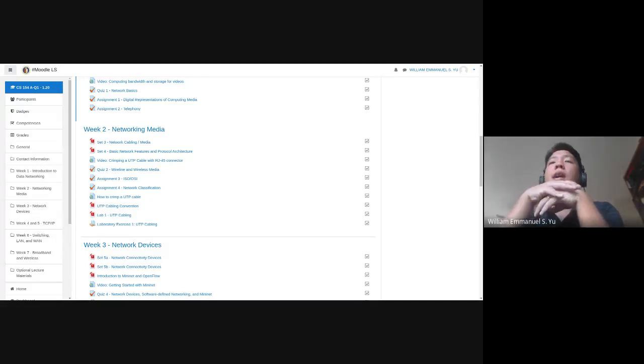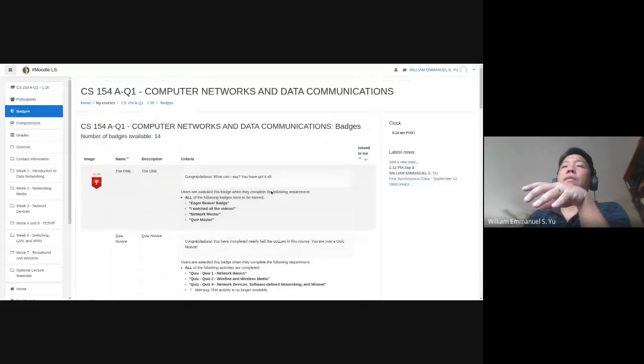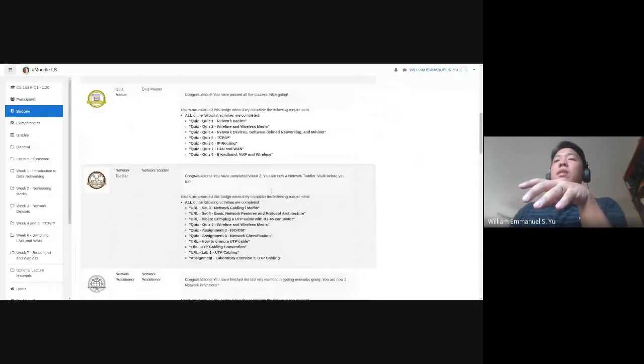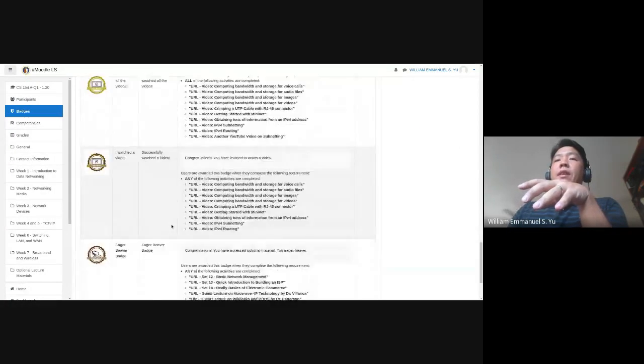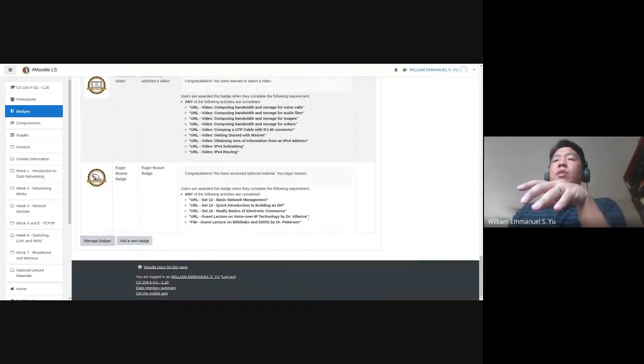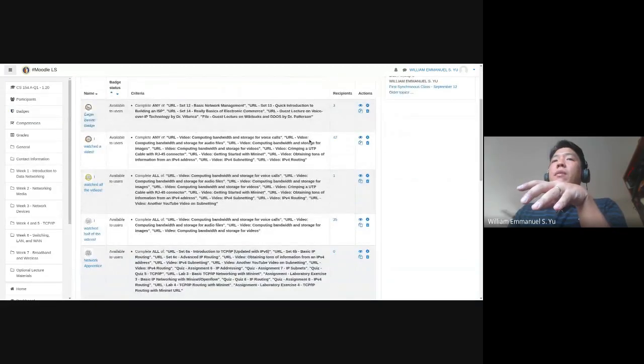Another announcement I'd like to make is that you probably realize this class has badges. Some of you have already earned your first few badges. These are the badges for the entire class, and let me show you a better looking summary. You watch a video, you do certain things early, and you get badges for that.